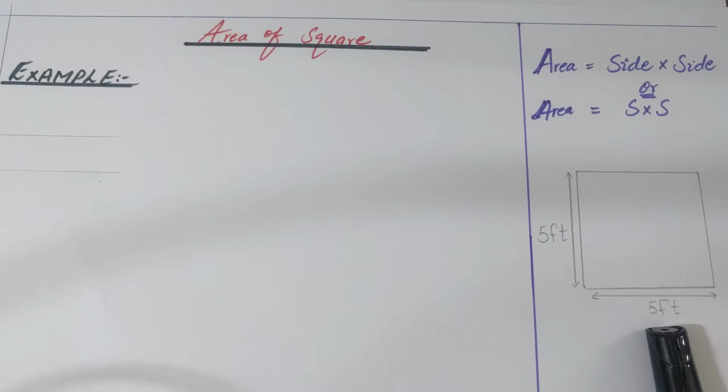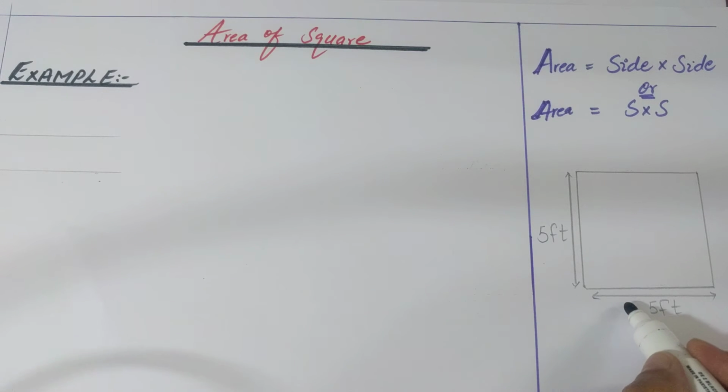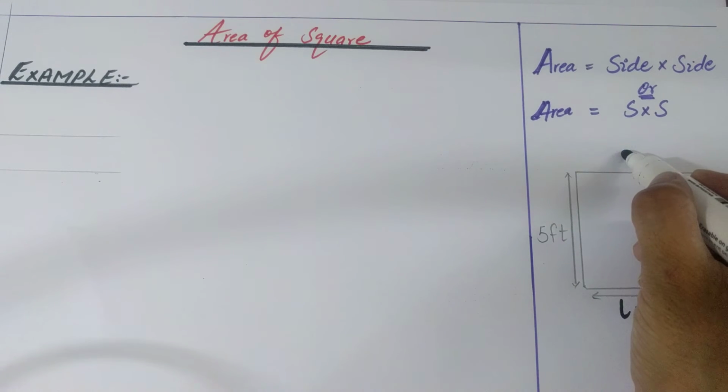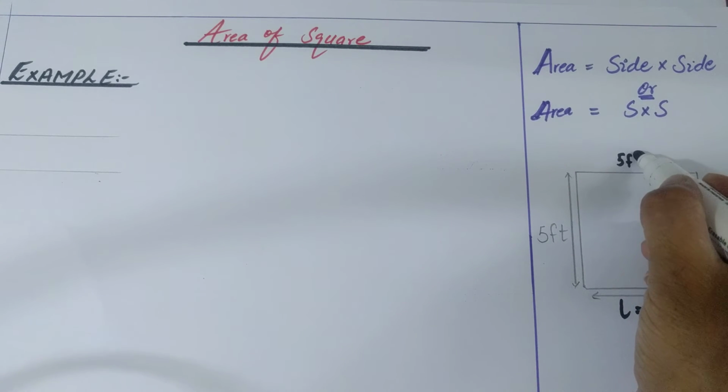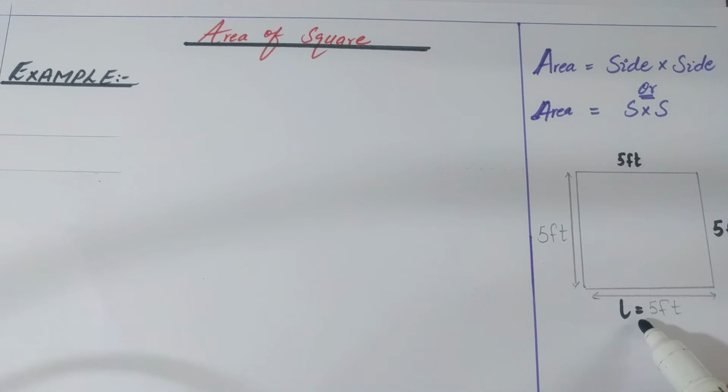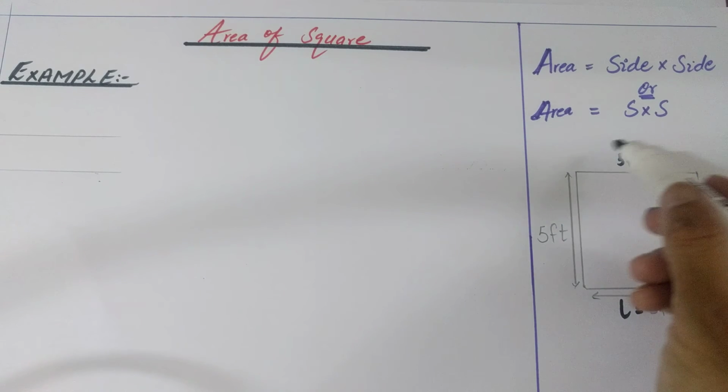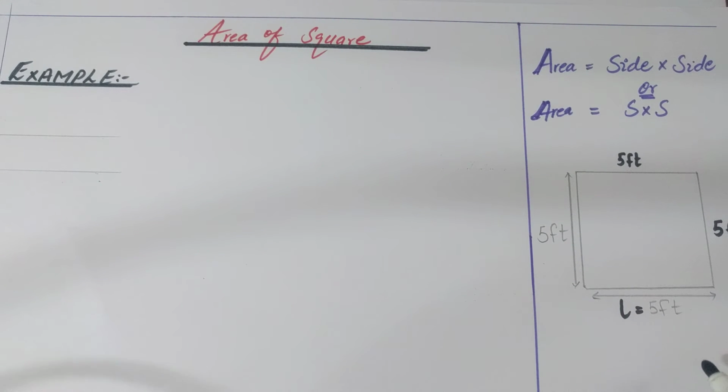Since it's a square, all the 4 sides are equal in length. So all other sides are also equal to 5 feet, but there is no need to mention. I am just putting it to tell you that if one side is equal to 5 feet, then all other sides will also be equal to 5 feet.